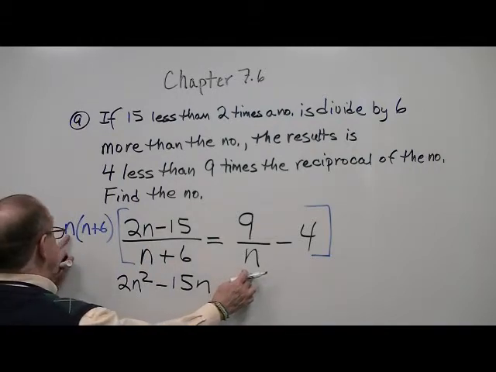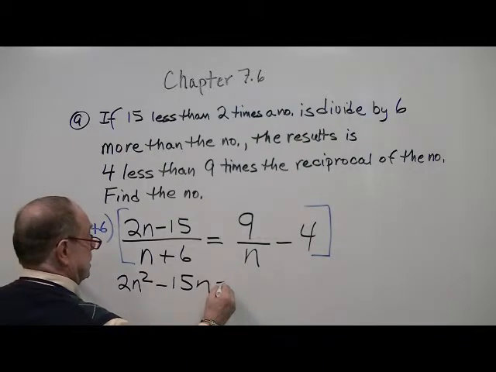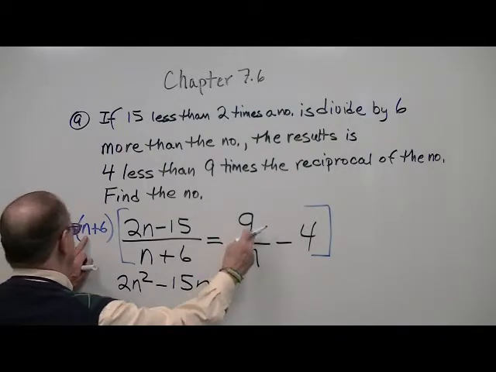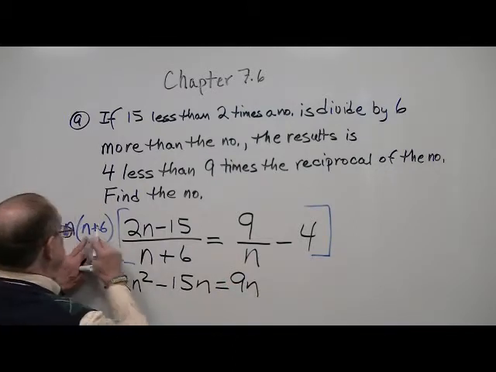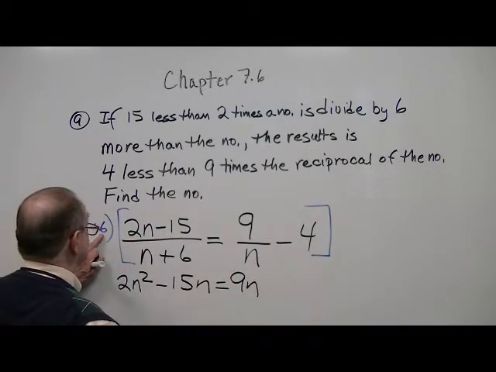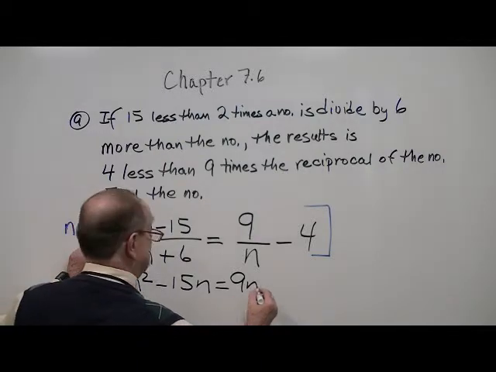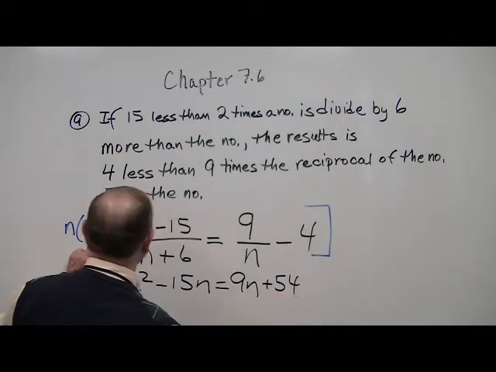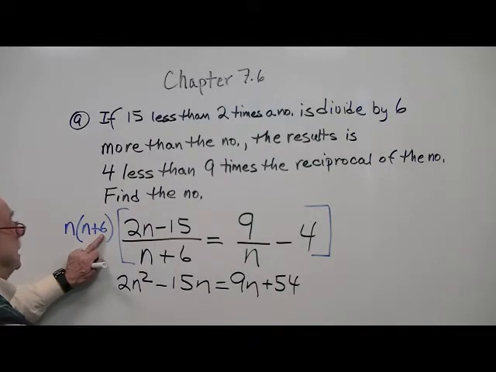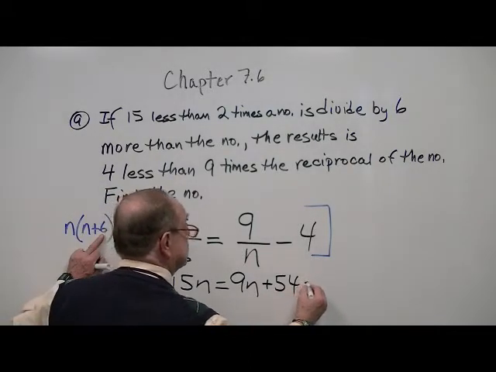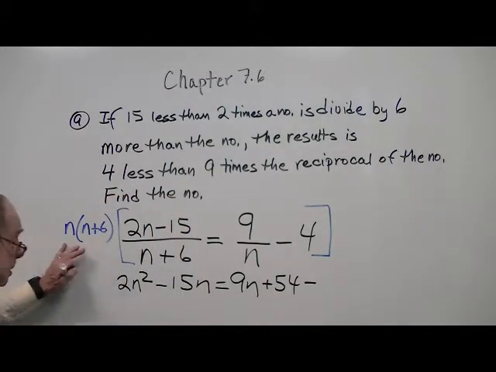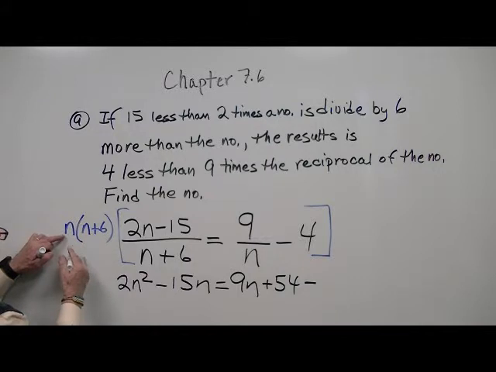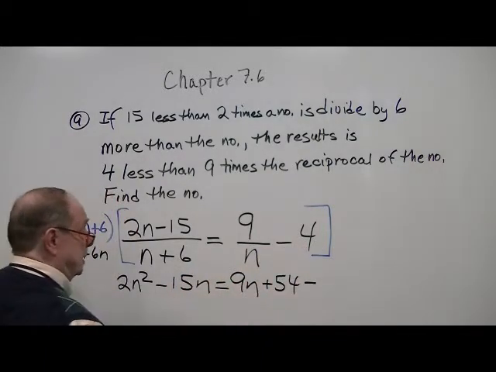Now here the n cancels out, but I have to multiply the 9 times n, and 6 times 9, I believe, is 54. And then minus, now I have to multiply this, which is going to be n squared plus 6n, times a negative 4.